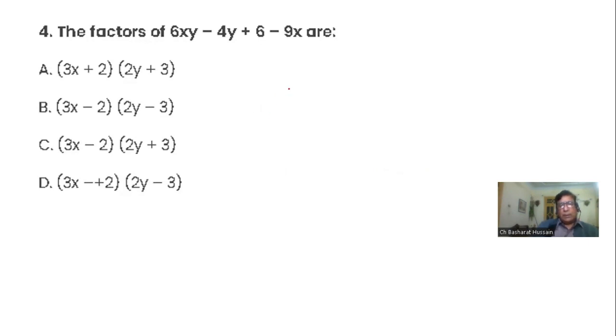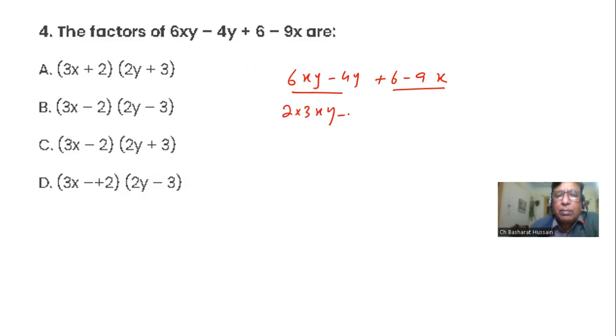So here we see grouping: 6xy minus 4y plus 6 minus 9x. Now we make the groups. So here you can write this as 2y times 3x minus 2, again 3 times 2 minus 3x.